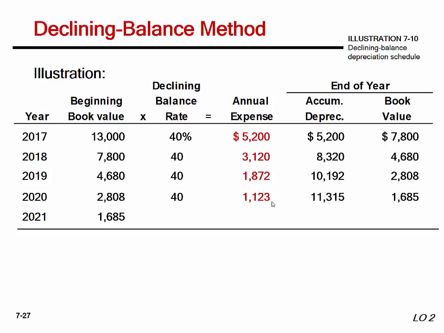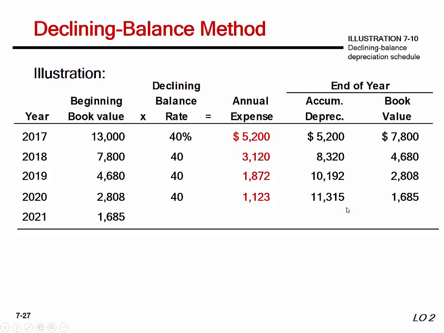Now I do want to say that sometimes we end on our last year of an asset and we have to tweak the numbers because sometimes it doesn't work out as perfect as we want it to. Alright, so on this one right here, we know that this remaining book value needs to be equal to what?